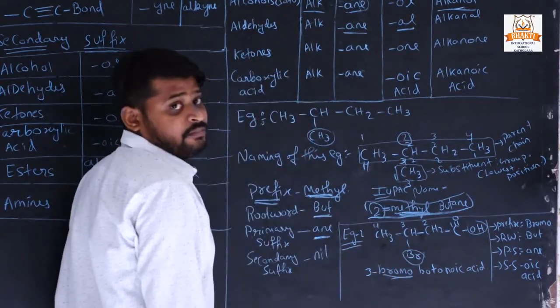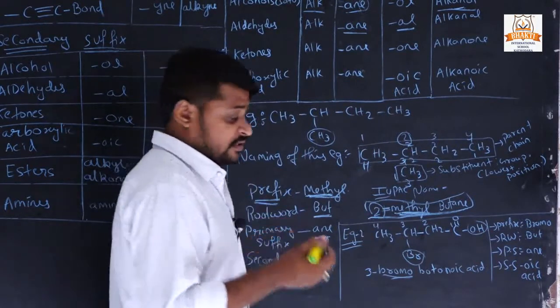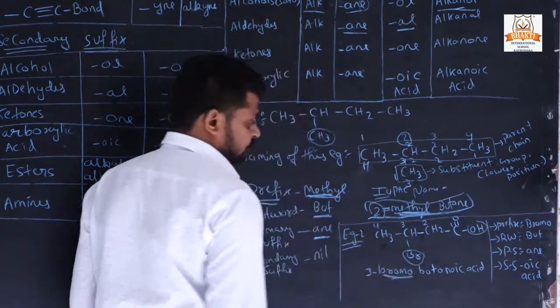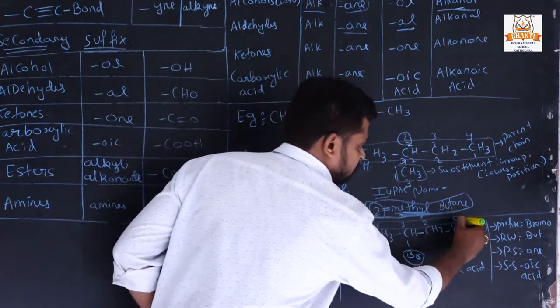If Br, bromine, is present, then the prefix is bromo, and this is our parent chain.